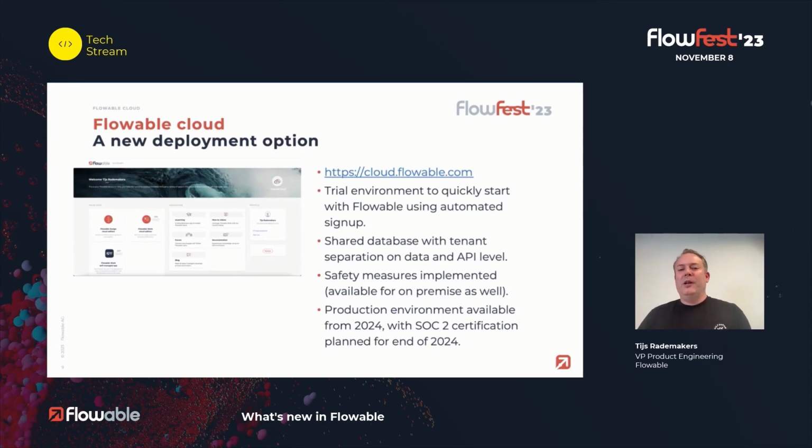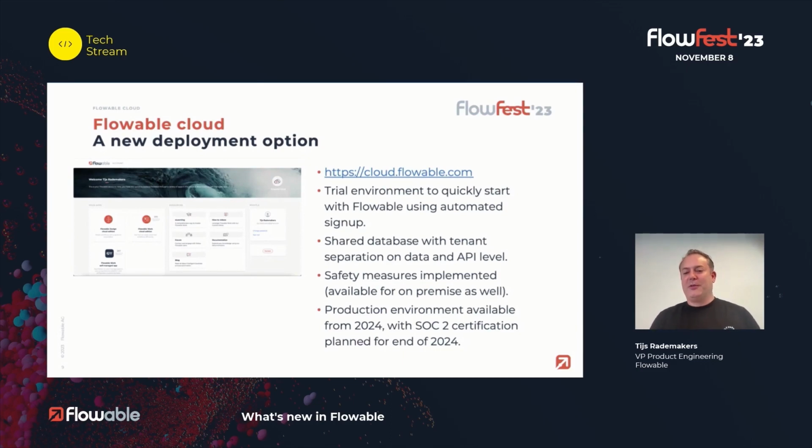So for example, you can imagine that it's quite possible with Flowable, a BPMN process, that you implement a loop and it would just execute indefinitely. And if you do this on premise, that's also not the best thing to do, but you stop the server, you start it again, undeploy the faulty process, and you just continue.